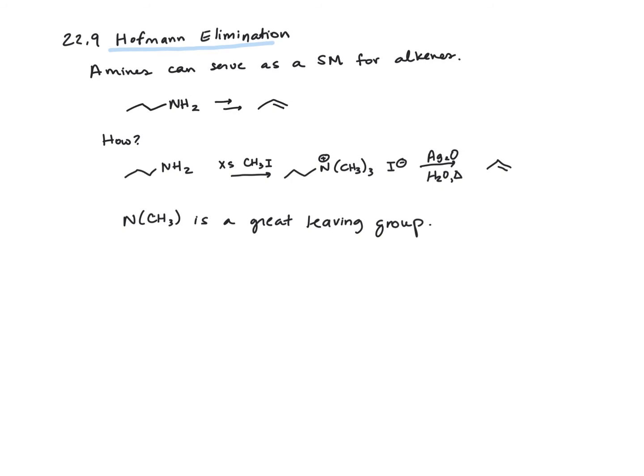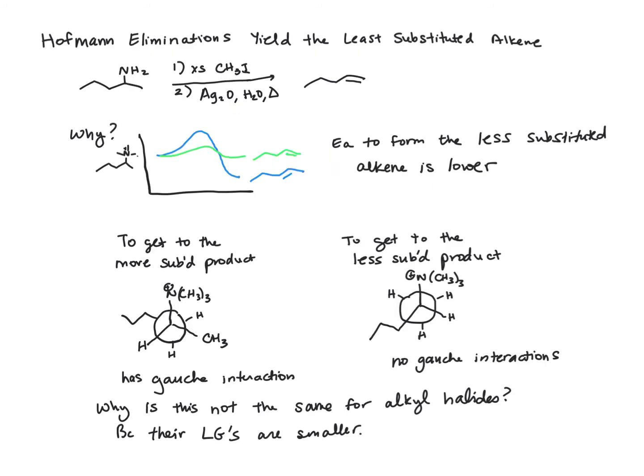Why does this work? It's because NH3 or the trimethylammonium group is a great leaving group because it produces neutral trimethylamine. Hofmann eliminations yield the less substituted alkene, or least substituted alkene if there are three choices.